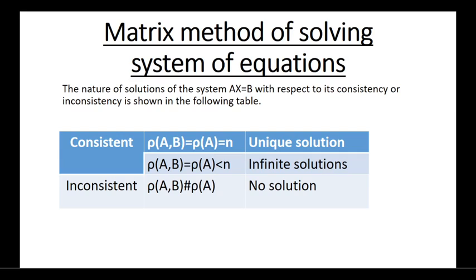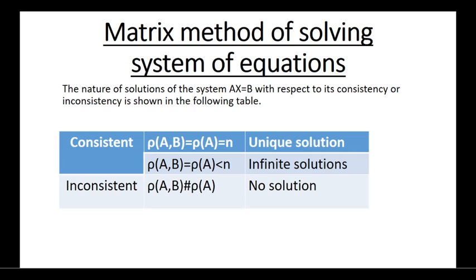In the previous class also we discussed when the system of equations is consistent and when it is inconsistent. If you write the system of equations in matrix form AX = B, then first you write the augmented matrix [A, B].